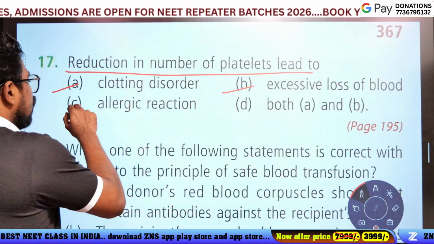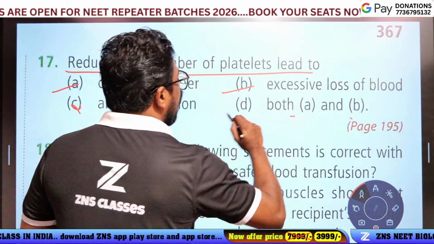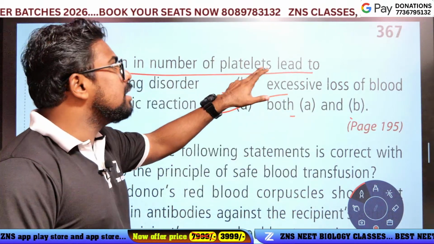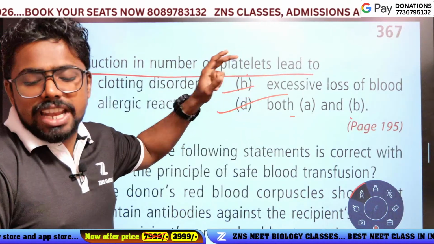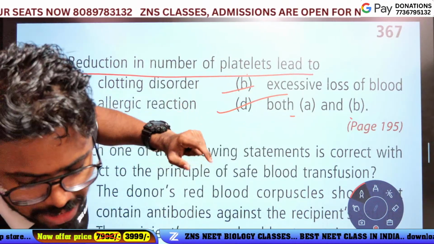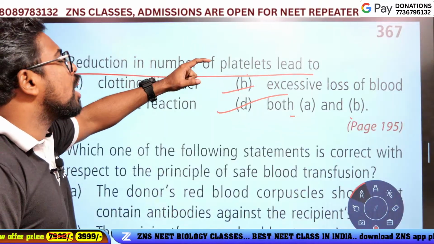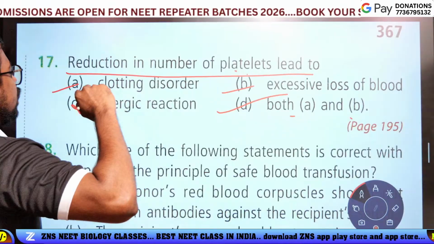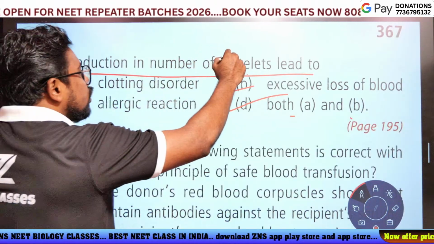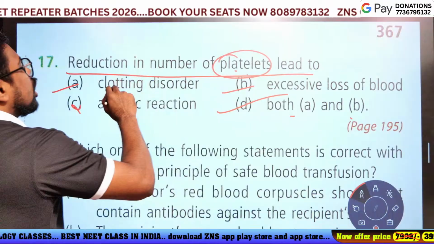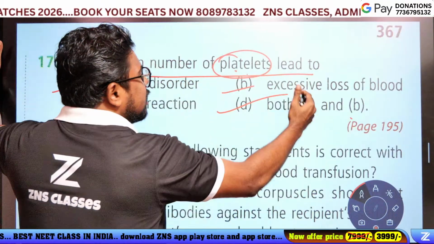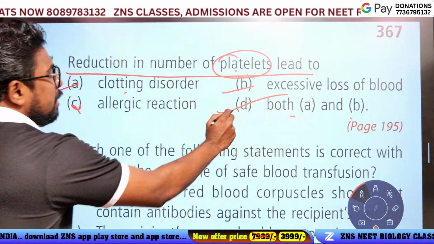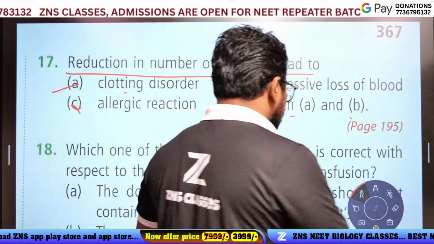Allergy, no. A and B, yes. Option D is the answer, because platelets are necessary for blood coagulation. When platelet number is reduced, clotting disorder happens and excessive loss of blood happens, so both A and B, option D. Good question.